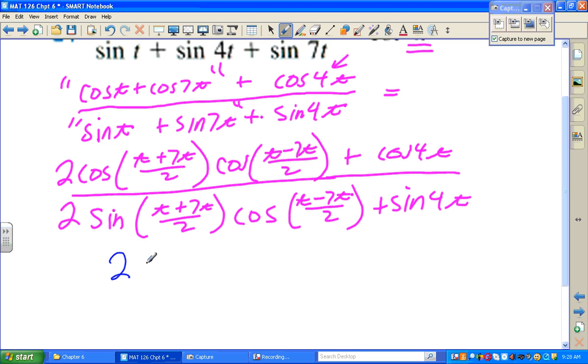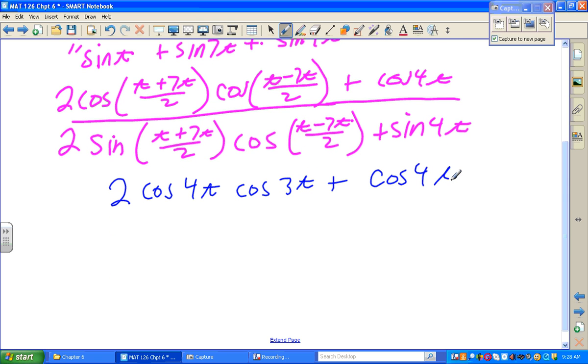So you have 2 cosine 4t, cosine 3t. Actually, positive or minus doesn't matter to cosine because it's an even function, so it stays even.